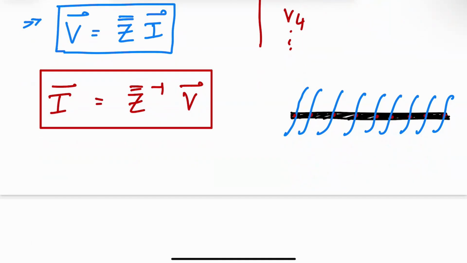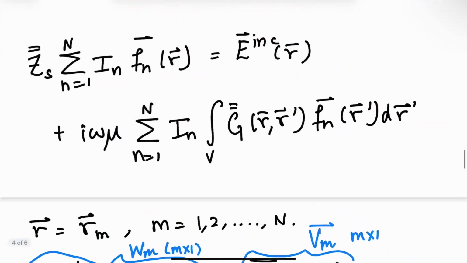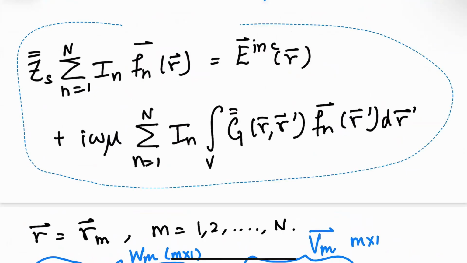So to solve this, people came up with a really cool trick, which is called the method of moments. Okay, so what's the big idea behind the method of moments? The big idea is that you go back. I'm going to make a copy of this.